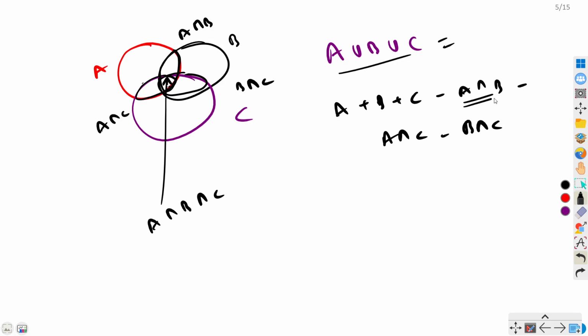In A intersection B, we subtracted this one time. For A intersection C, this portion, we again subtracted this.